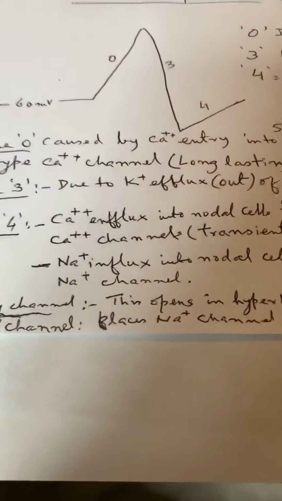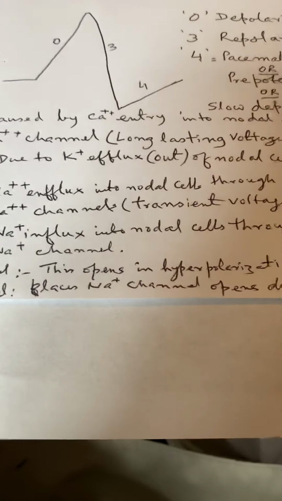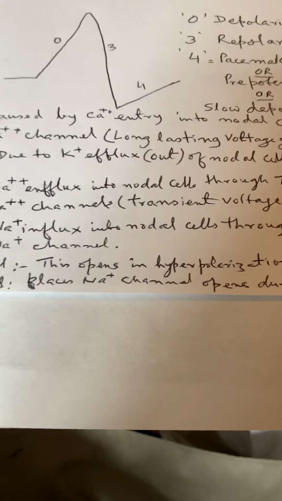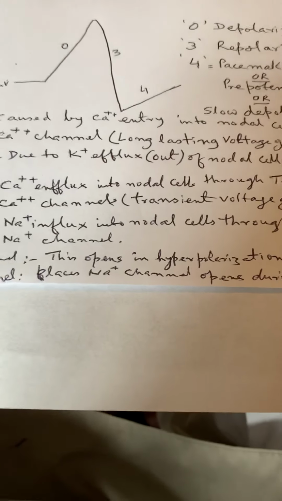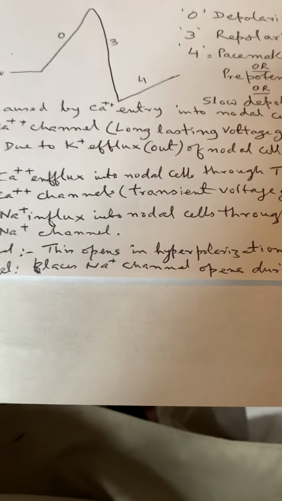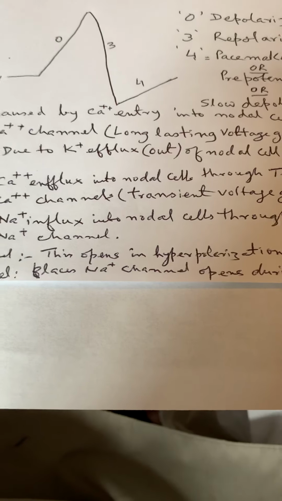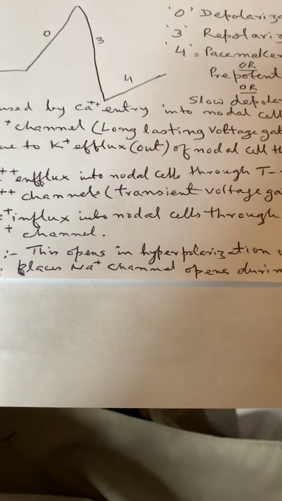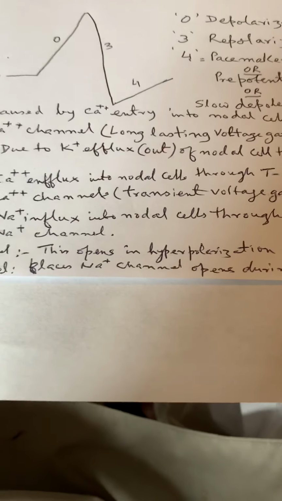Now another important thing I told you: the funny channel. Sodium is going through the funny channel. Remember, when sodium goes into the cell, it causes depolarization, and then you get the action potential.